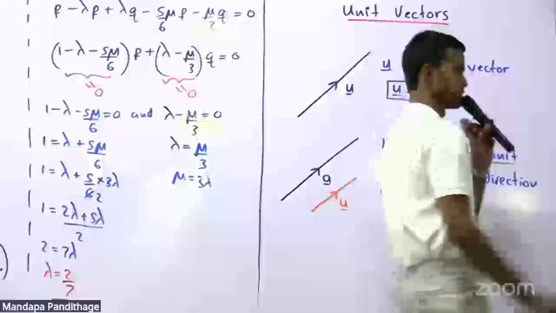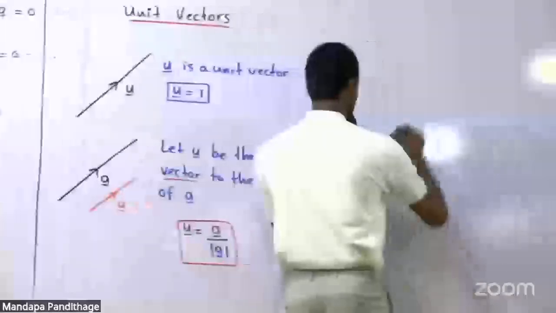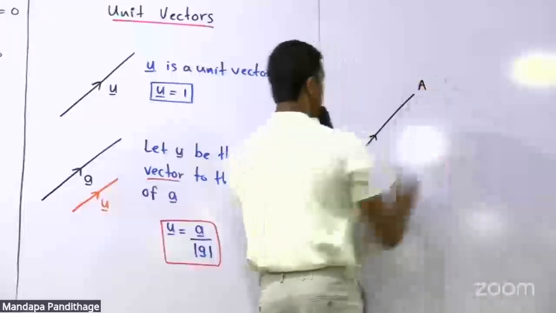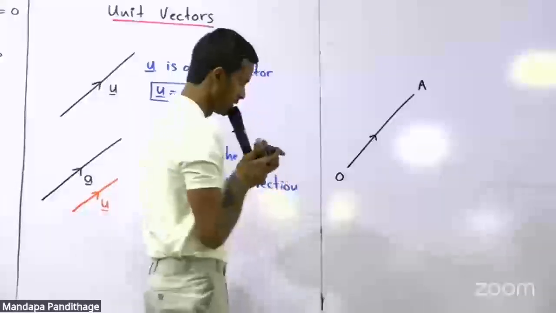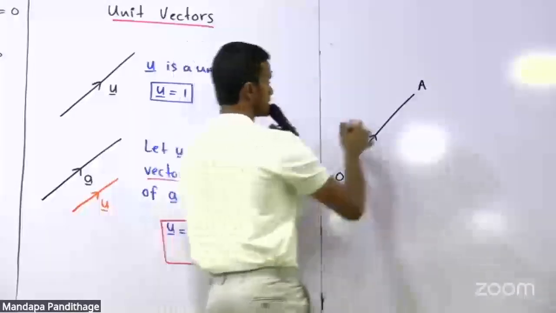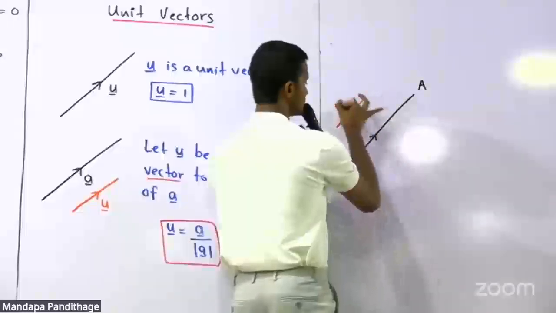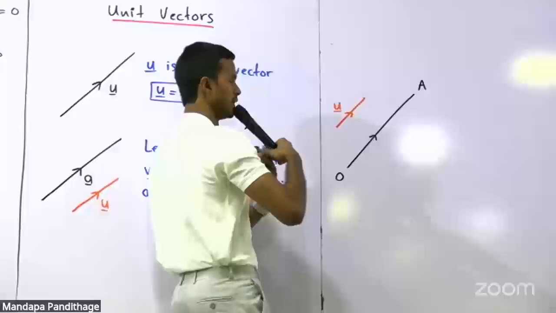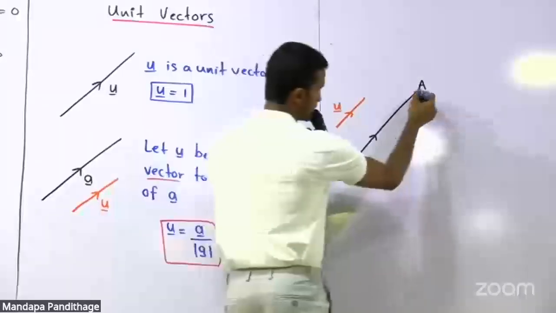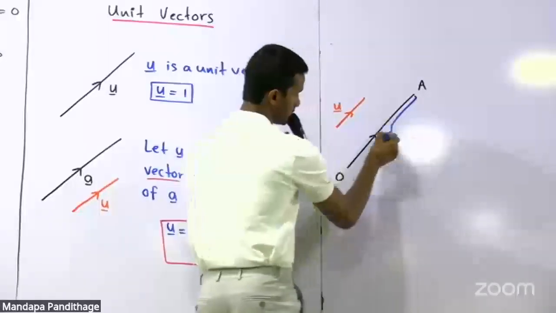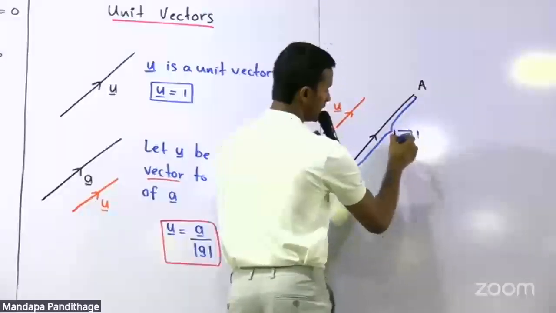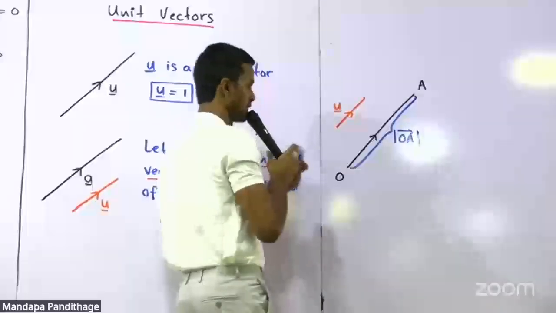Okay, then tell me this one. We have this vector OA, and the unit vector to this direction is u. The modulus of this vector is modulus OA. Then look at this.